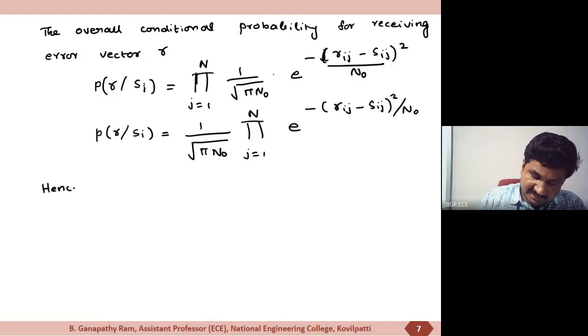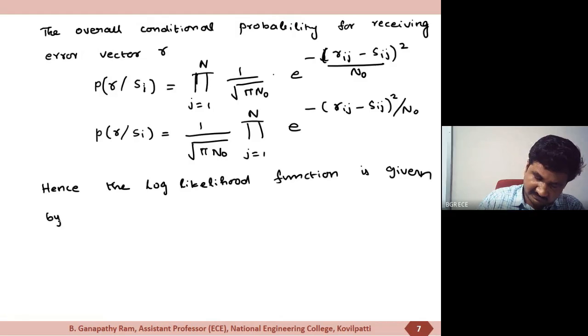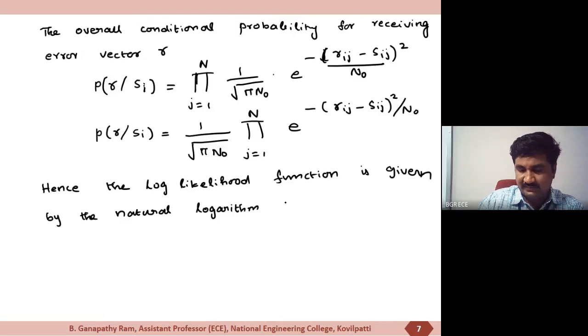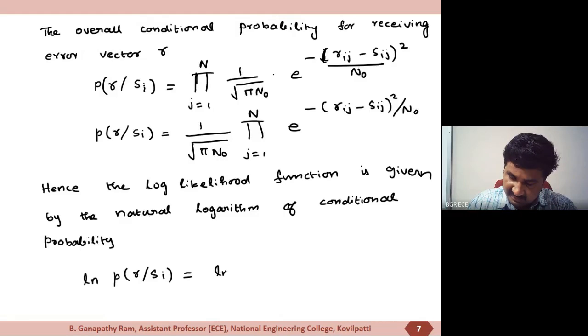Hence, the log likelihood function can be represented by the natural logarithm of the conditional probability, that is ln of probability of R given Si can be written as the natural logarithm of the entire term.